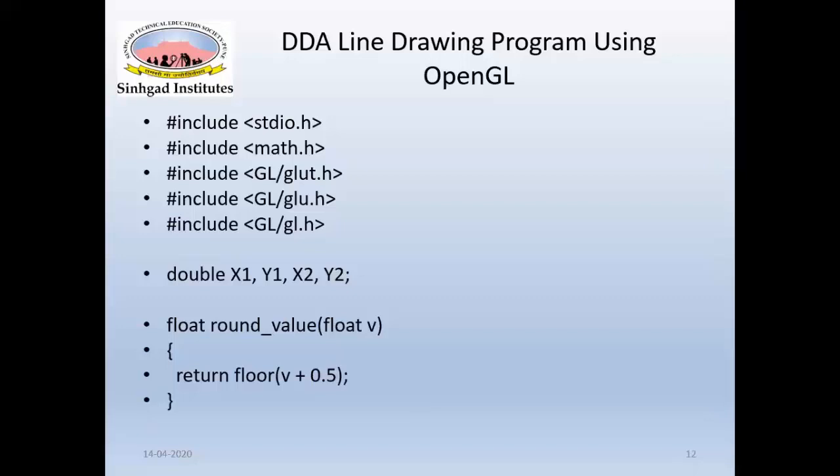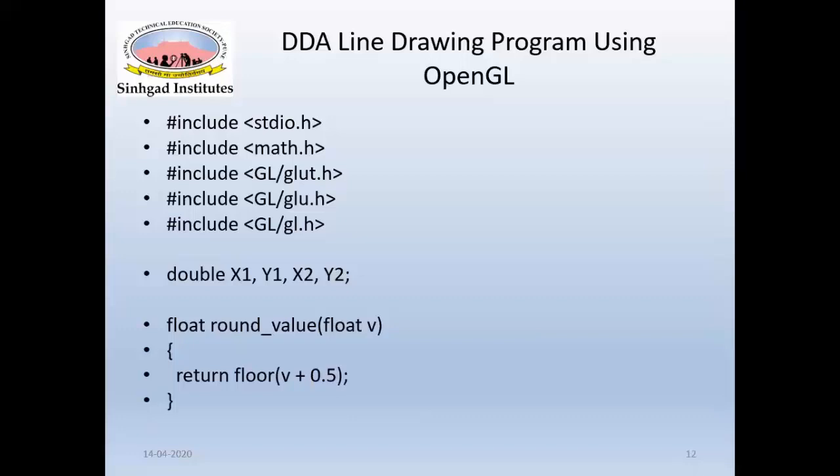Then we are going to use some inbuilt functions from math, so #include math.h. After this we are having the graphics library utility toolkit header file, then the graphics library utility header file, then the graphics library header file. We are going to have double variables x1, y1, x2, y2 from which we are going to draw a line.